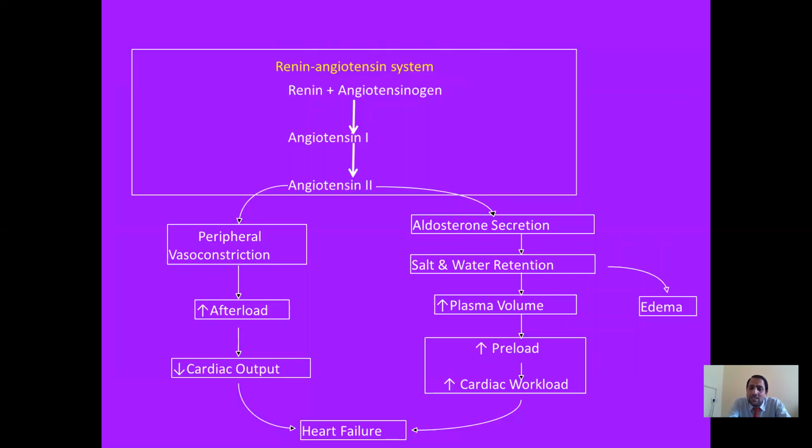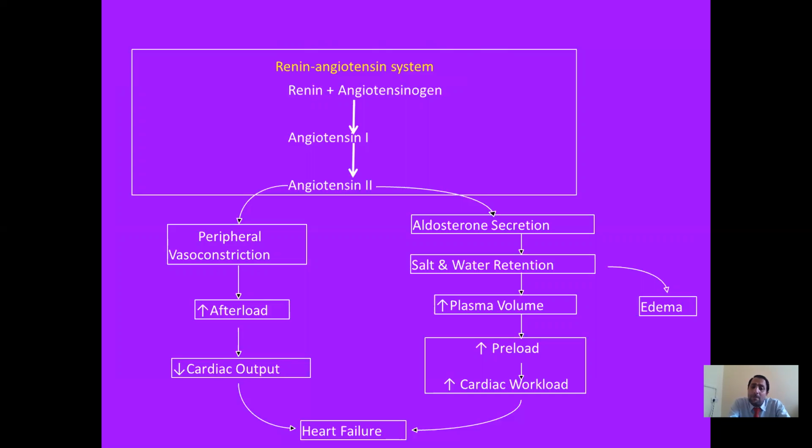This potent vasoconstrictor, what does it do? It increases aldosterone secretion, which causes salt and water retention. With salt and water retention, plasma volume increases. Plasma volume increases, preload in the heart increases, cardiac workload increases, which causes heart failure and congestive heart failure.